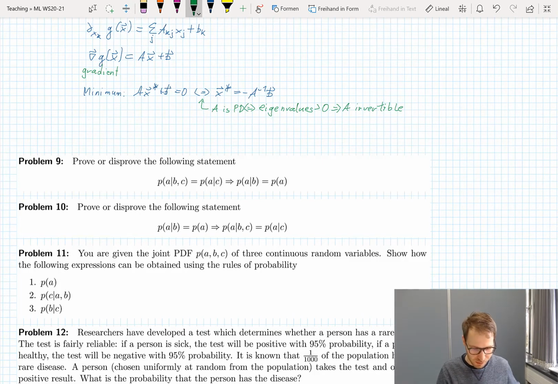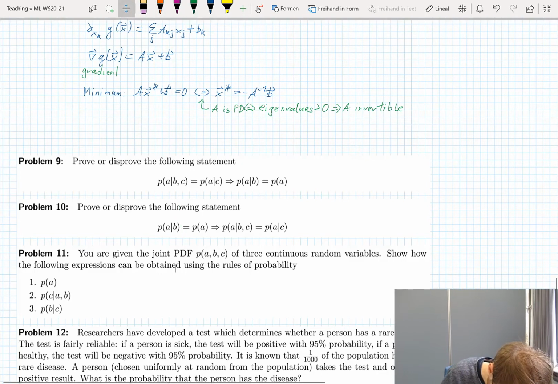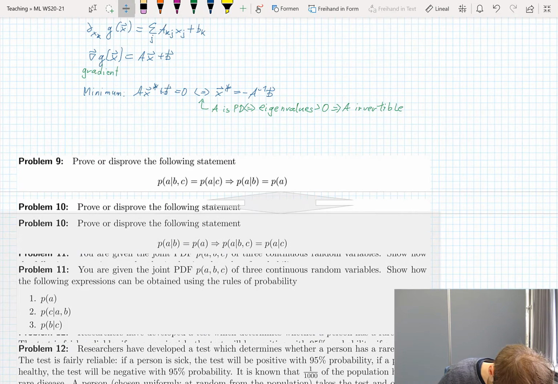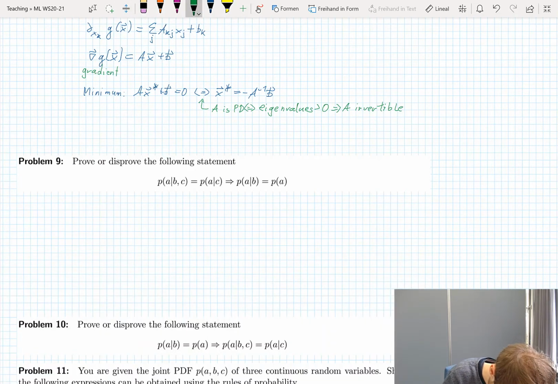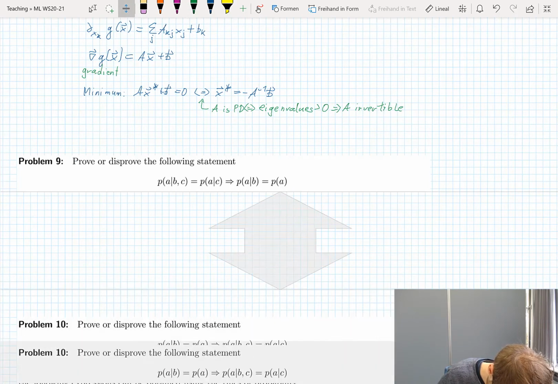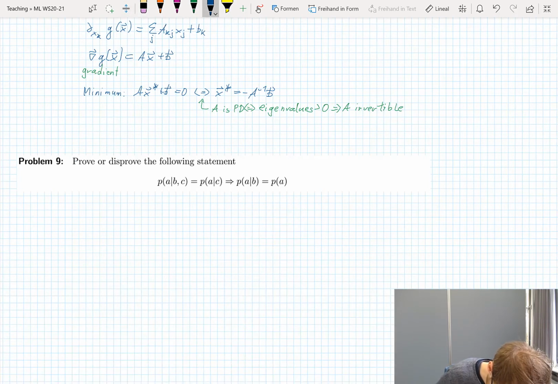So what is the approach if something is wrong? Usually we find a counterexample. Oops. So let's do that. Let's find a counterexample. Some space here. Even more space. Okay.